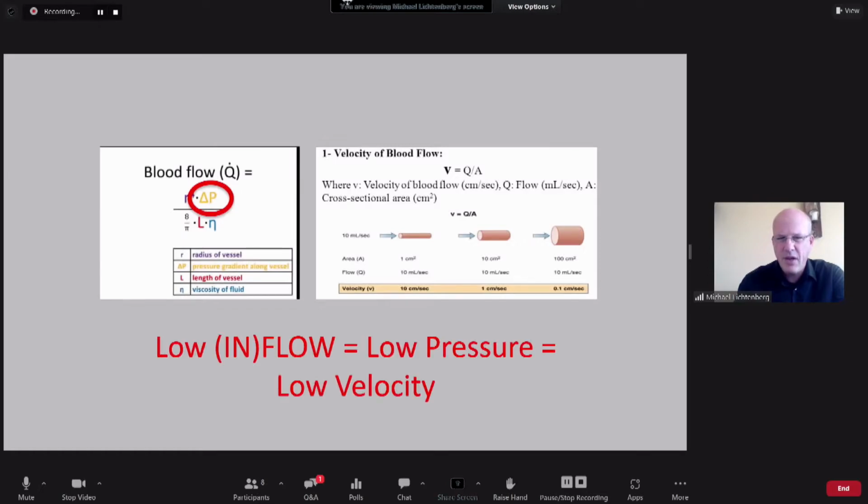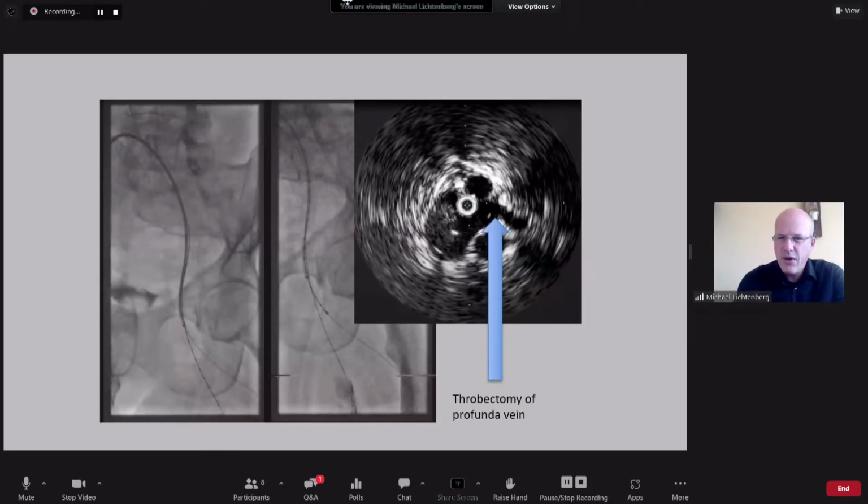If we have bad inflow, low pressure, low velocity, we cannot stent because we will fail. We will lose the stent within hours or days with reocclusion. So flow is one of the most important aspects. There are a lot of techniques now available to improve it from an endovascular approach, using crossover attempts. We can do dual wire access.